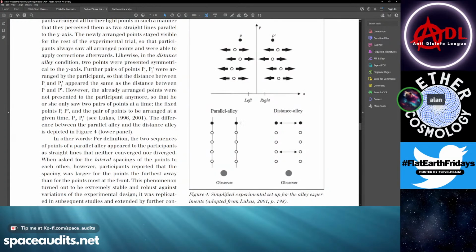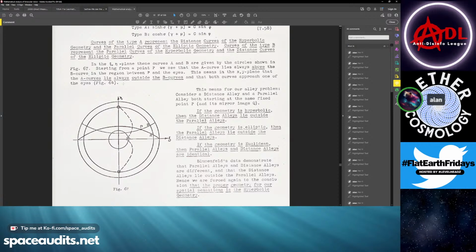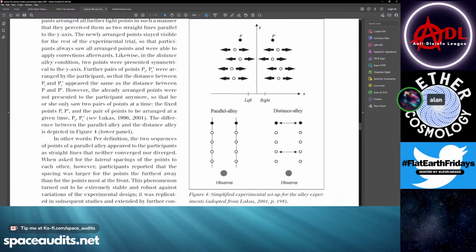So what they discovered, and they started doing this around 1856, they started doing different variations of this. So they knew about this for a long time. They just didn't really tell people about it or incorporate it very well. But throughout the years, these quote unquote alley experiments have continued, and that's what they're referencing.